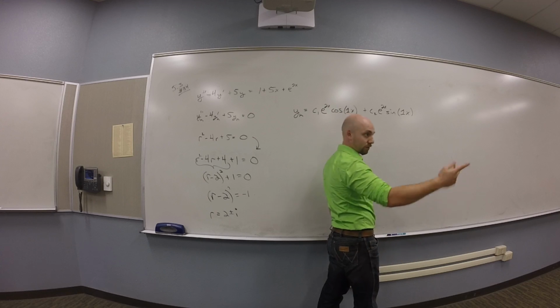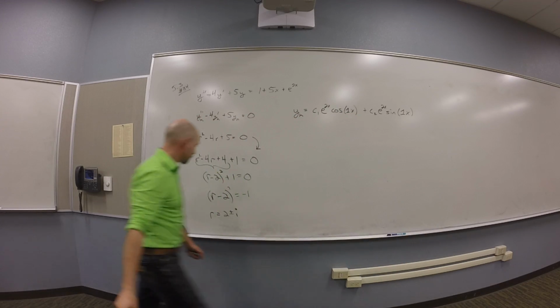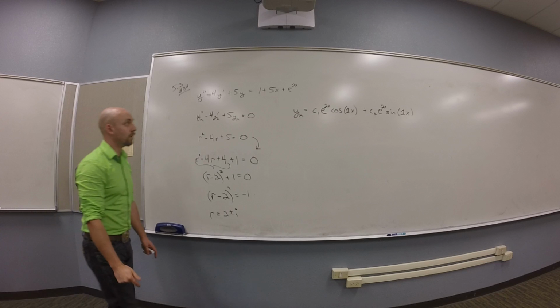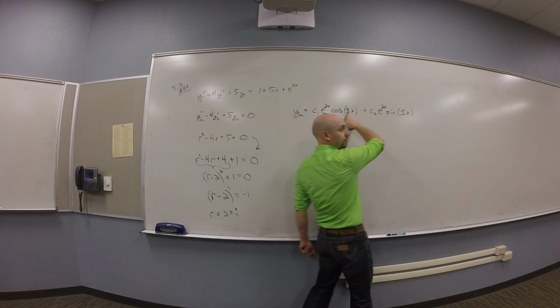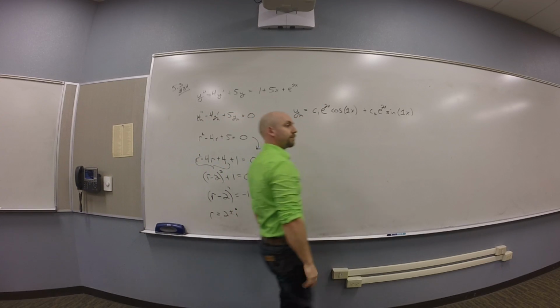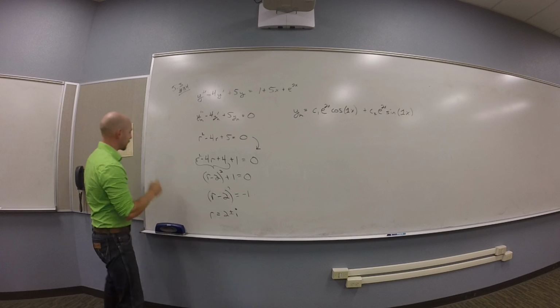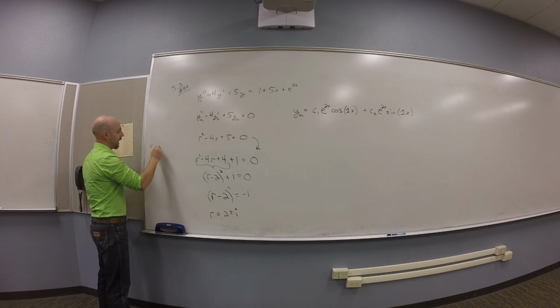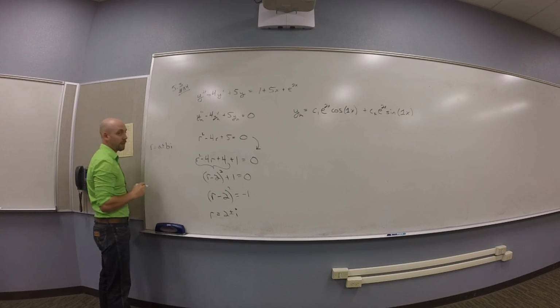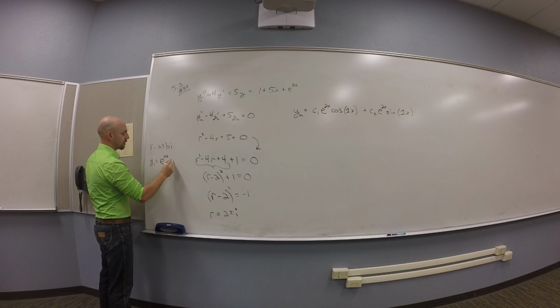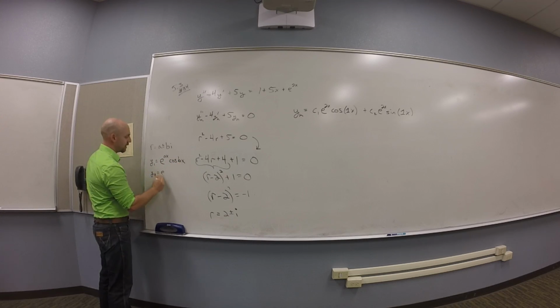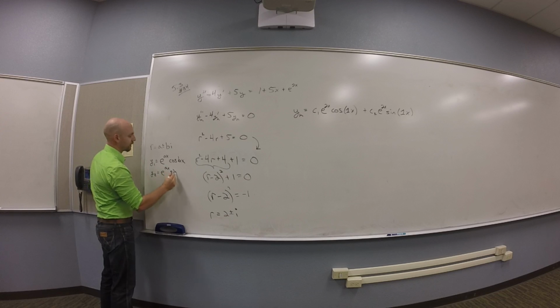If this were r equals 2 plus or minus 3i, then there would be c1 e to the 2x cosine 3x? Yeah. So in general, if r is a plus or minus bi, then y1 is e to the ax cosine bx, and y2 is e to the ax sine bx.